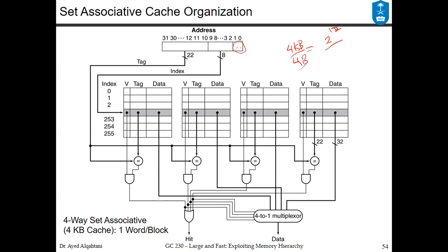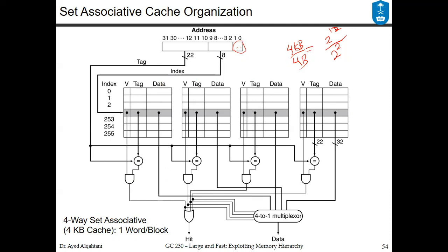And 4 byte is 2 to the power of 2. However, this is true if it is a direct map. We said here that this is a 4-way set associative.